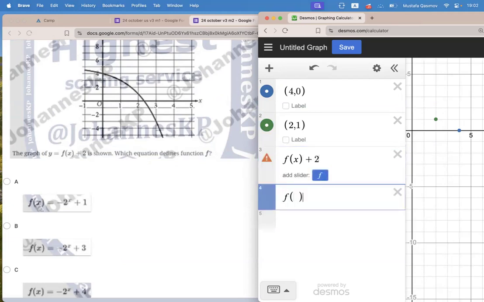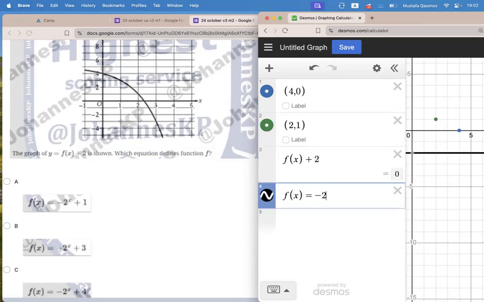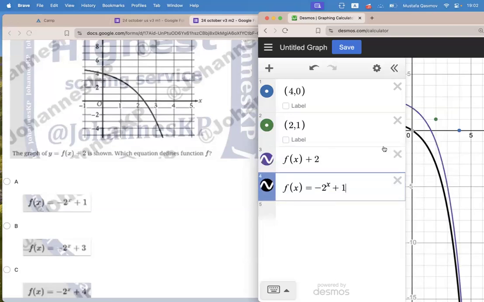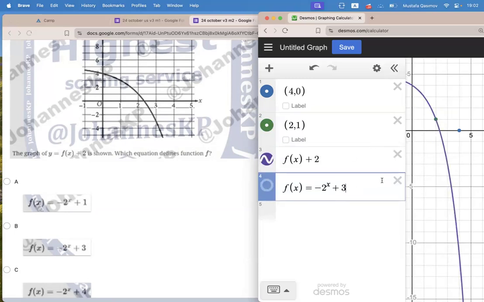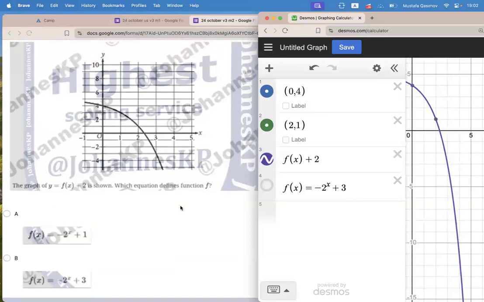Then let's write f of x is equal to negative 2x plus 1. You can see that it is not passing through these 2 points, so it's not correct. Teacher, it's 0 and 4. Yeah, right, it's 0 and 4. Okay, correct. And it is 2 and 1. Okay. Yeah. The second one is correct, so the answer is the second one. The answer is B here.